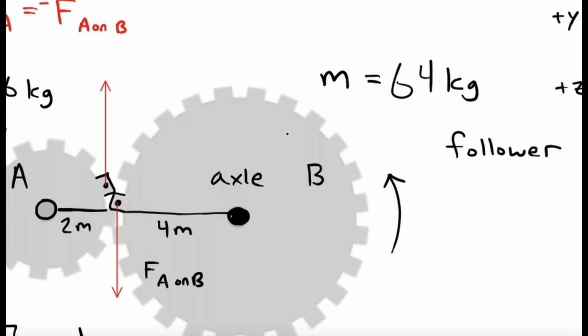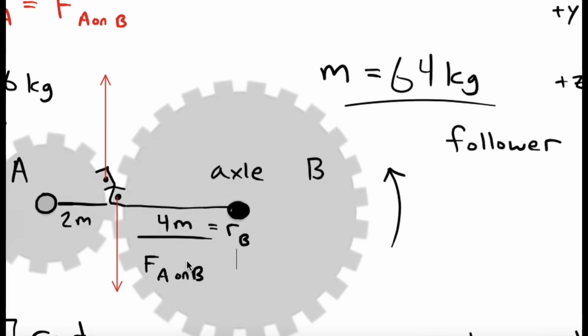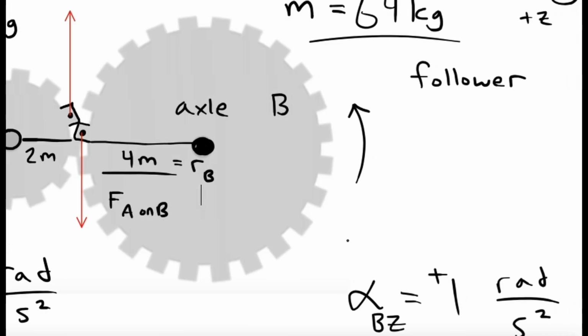Now, knowing this gear's mass and his radius and the force acting on him, we can find out a bunch of stuff about that gear. Alright, so first I would start with a moment of inertia calculation.